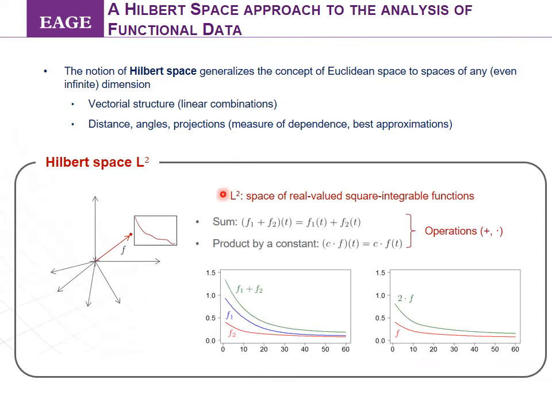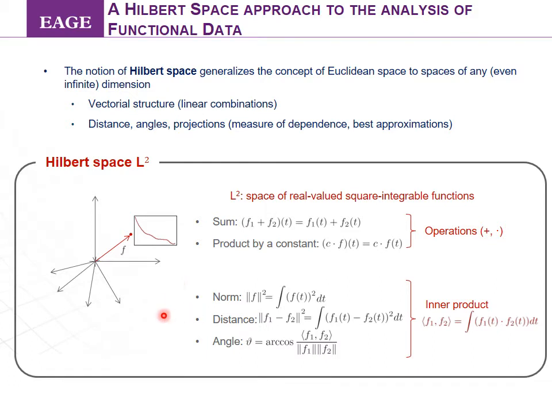Then, just like before, we need to define sums and products, and these are, in this case, pretty simple operations. The sum of 2 functions is defined in this sense. The product of a function multiplied by a constant is also shown here. What's probably more interesting and important is to start looking at norms, distances, and angles.